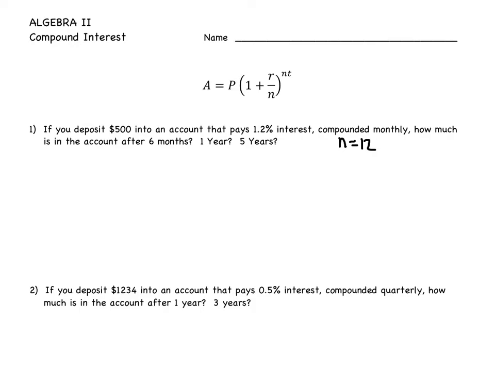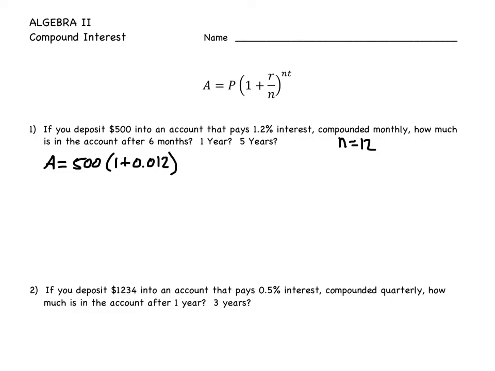So starting out, we have our formula. We are solving for A. Our principal amount was what? 500 times 1 plus, what was R? Interest rate, 1.2%. So how do I put that in the formula? 0.012. Very good.